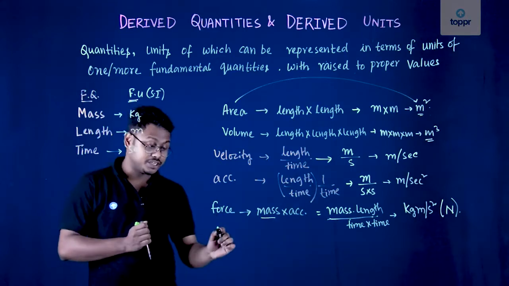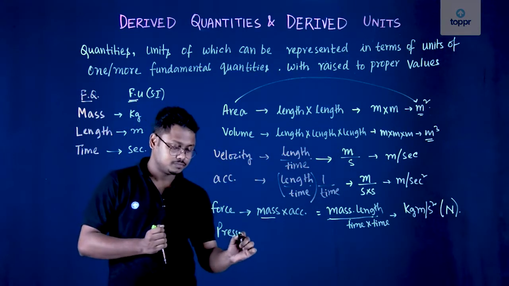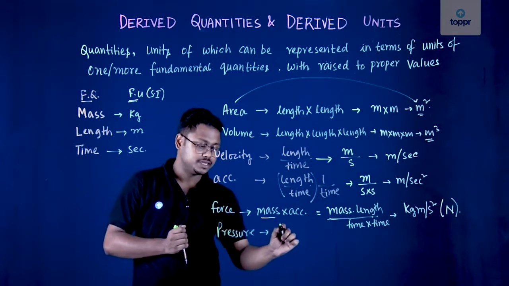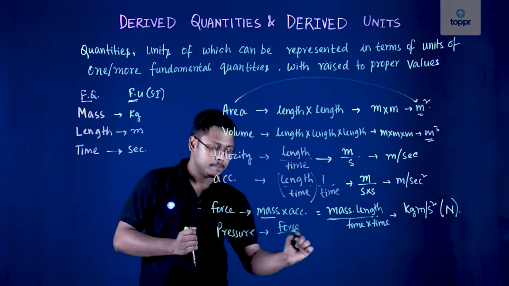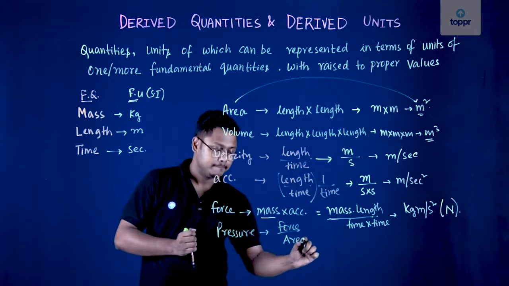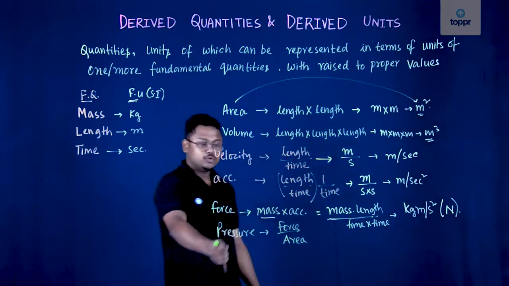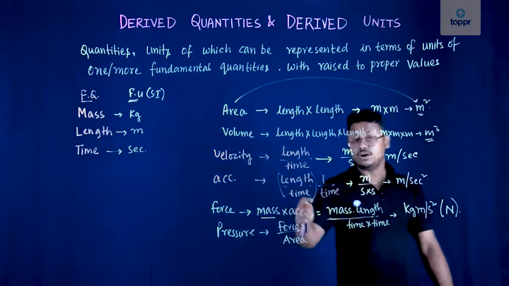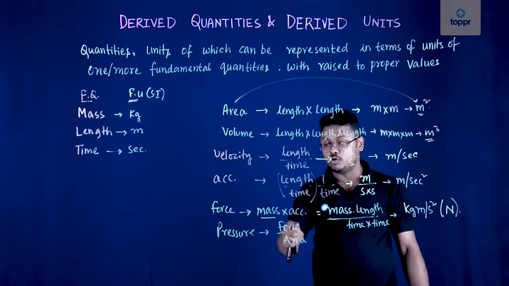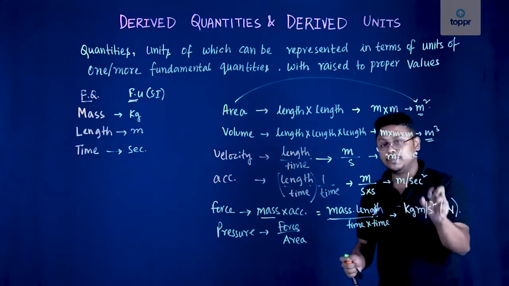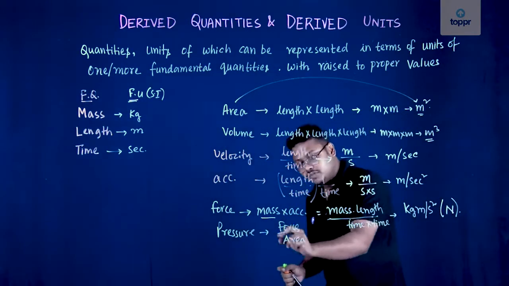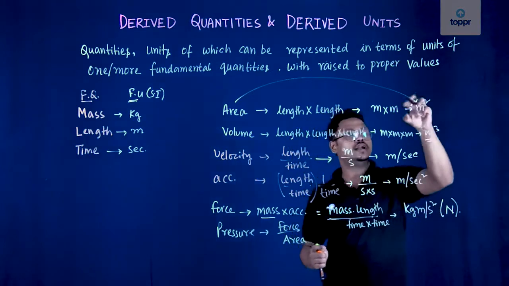Now if we talk about pressure, pressure is force per unit area, right? We have already derived the unit of force in terms of the unit of fundamental quantity, and the unit of area as well.